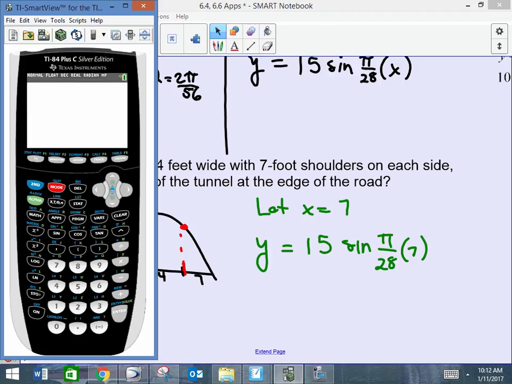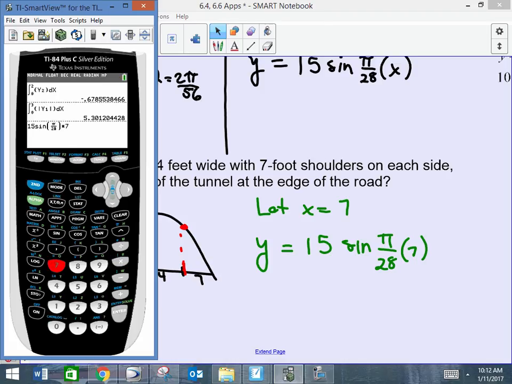And remember, mode should now be pretty much all the time on radians unless you're checking something out. Anytime you're graphing trig, it's got to be on radians. 15 sine of, I'm going to make my good fraction here, pi over 28, close my parentheses, times 7.